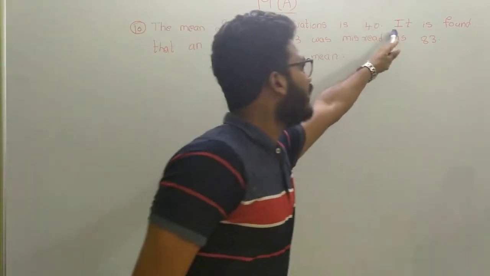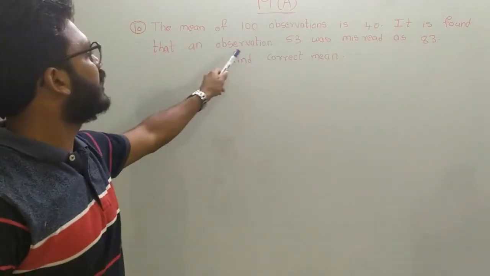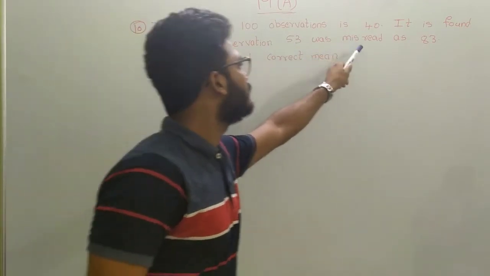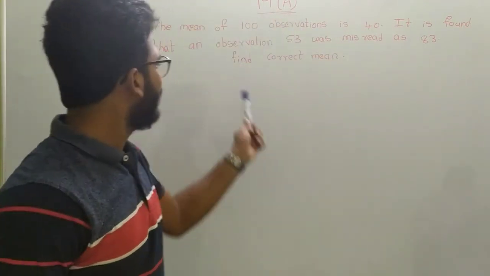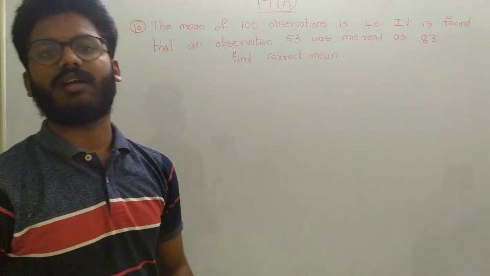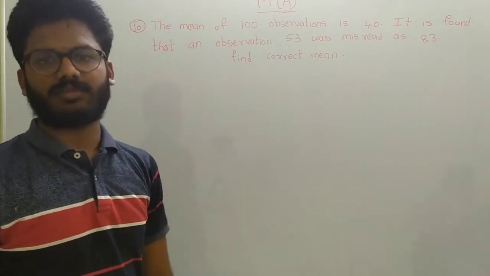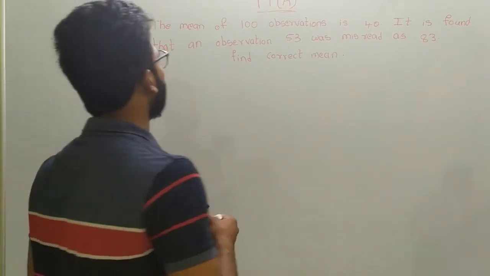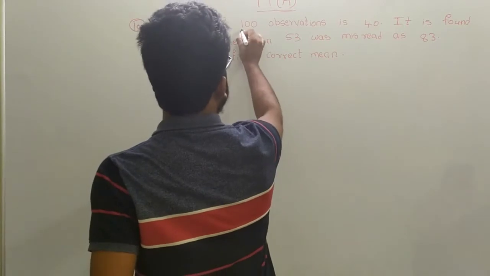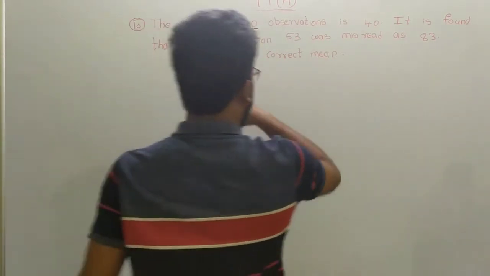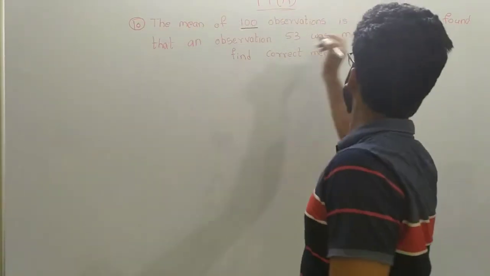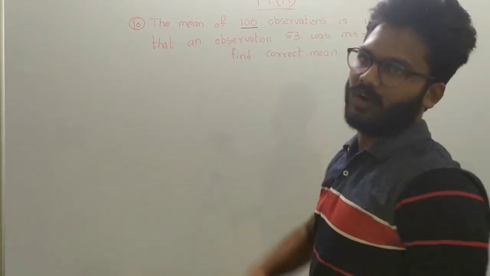See this problem? The mean of 100 observations is 40. Okay. And it is found that an observation 53 was misread as 83. Find the correct mean. Okay. First, analyze this question. First, what they gave? There are 100 observations, and for those 100 observations, the mean is 40.